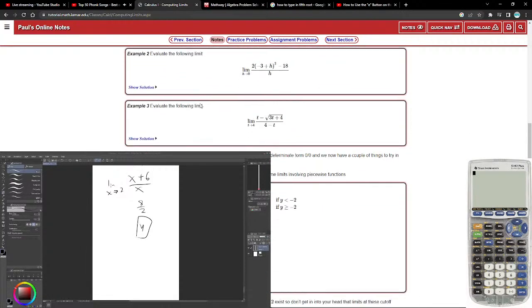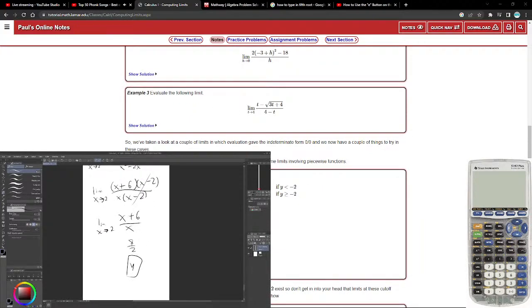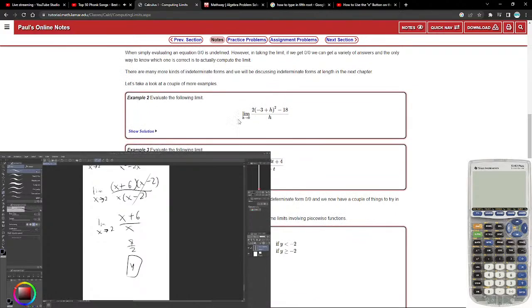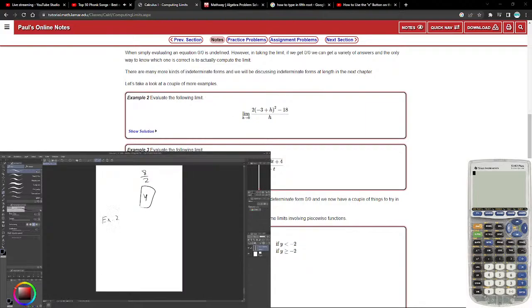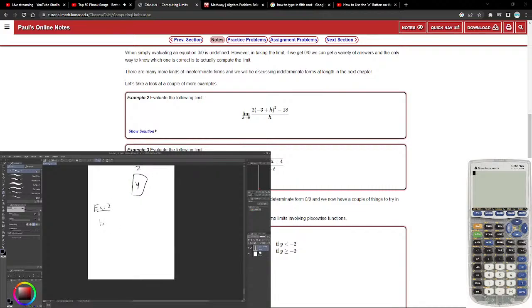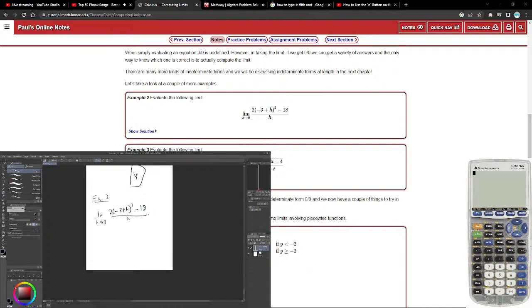So we got example 2, the limit of 2 times negative 3 plus h, minus 18, as h approaches 0. This is a hole.